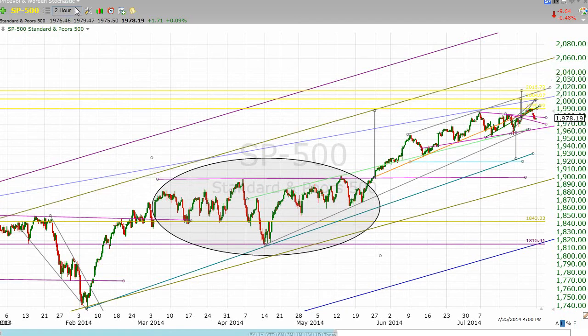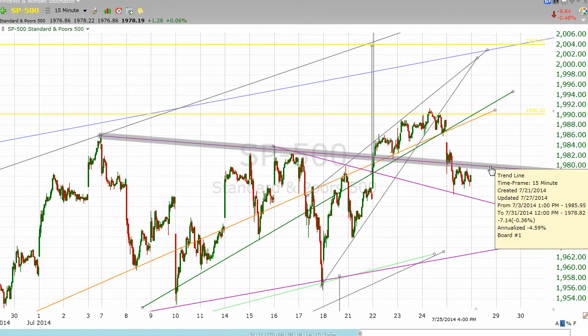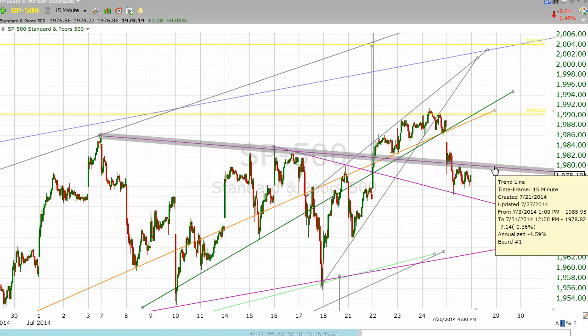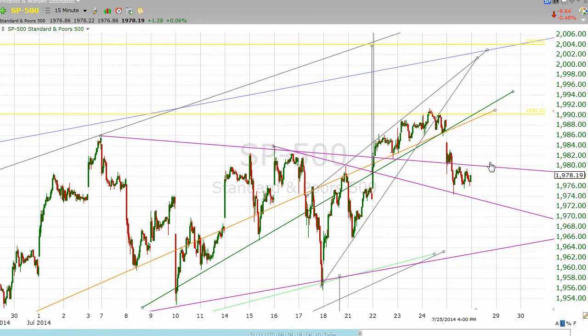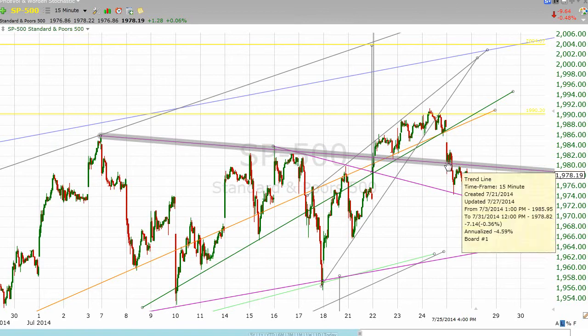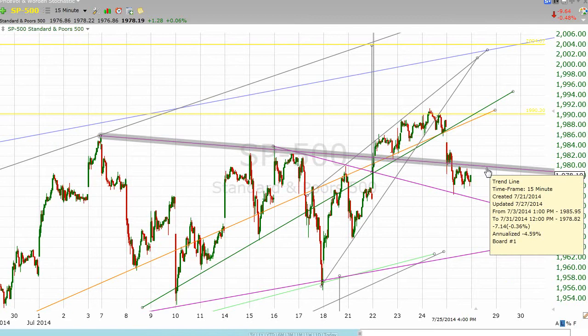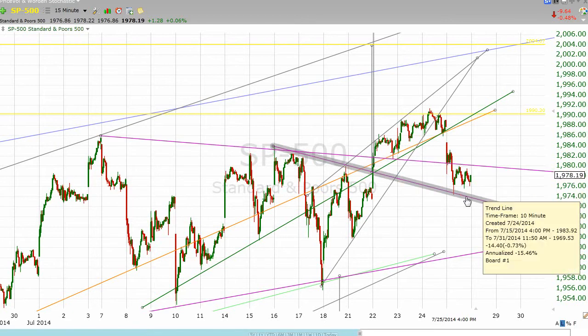But the thing that's a little bit, I don't want to say disconcerting, is that it appeared this trend line right here should have given some support. It really gave maybe a little bounce at one point, but now we are back underneath this line after having bounced on this trend line.